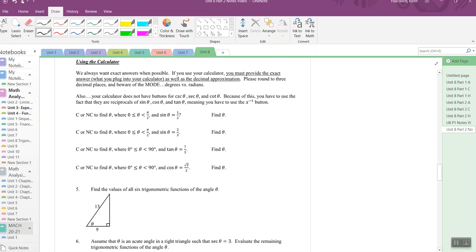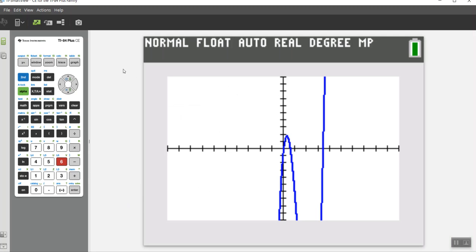You're going to round to 3 decimal places, and remember, beware of the mode, degrees versus radians. Make sure if your calculator needs to give degrees, that you're in degree mode, and if it needs to give radians, you're in radian mode. So make sure you check there.